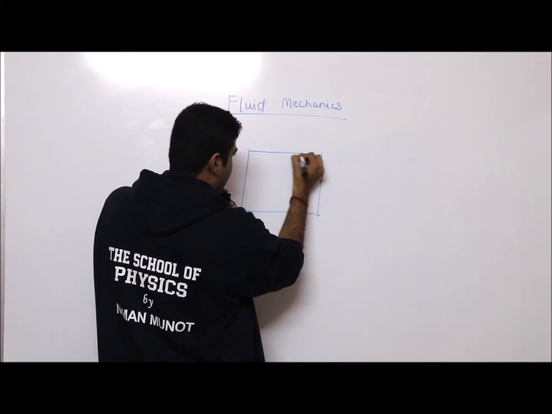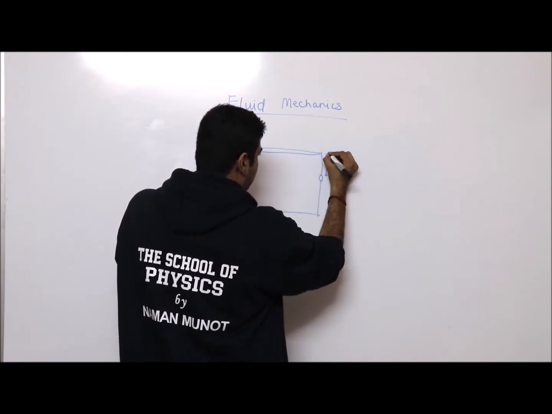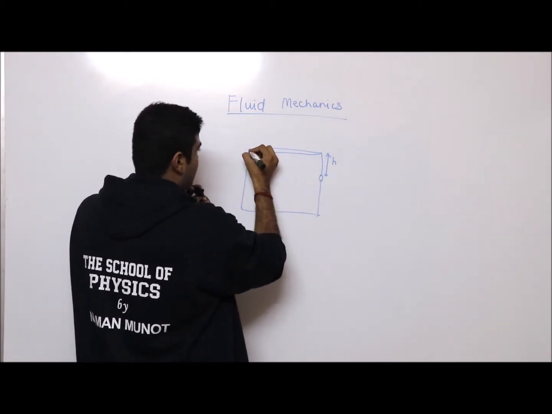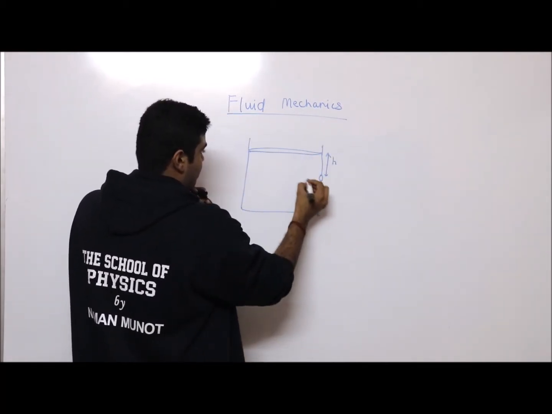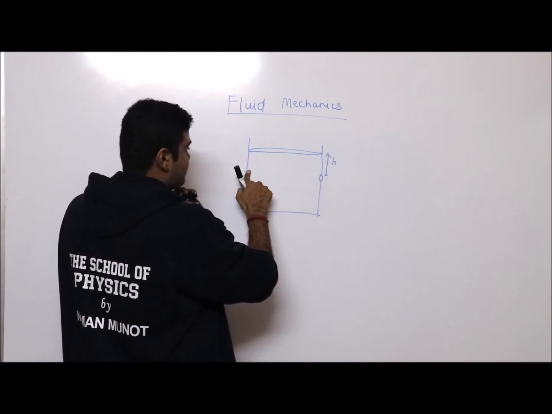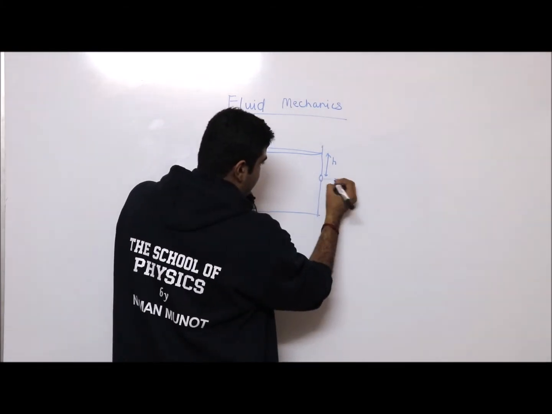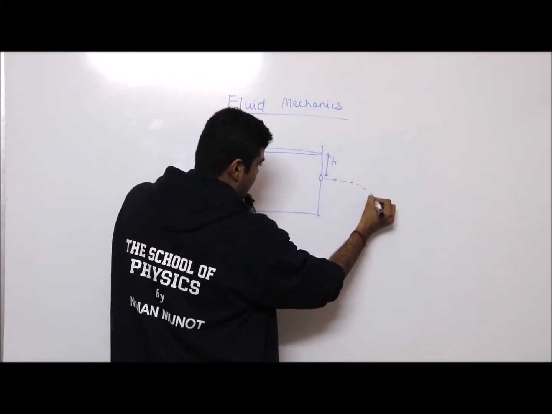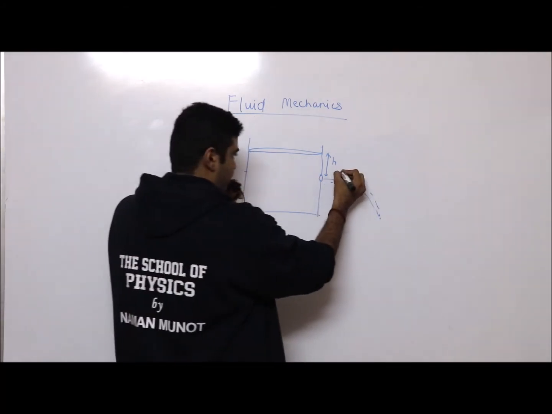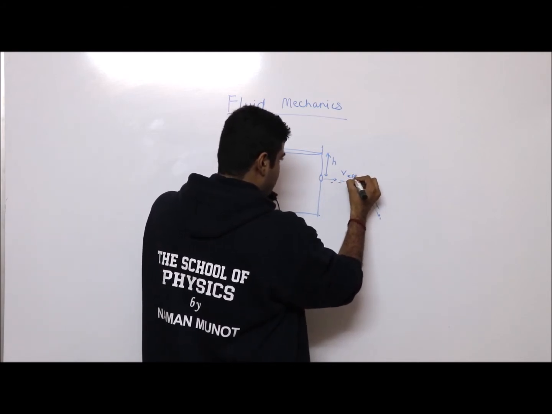The height of the liquid in the container above this point, taking this point as reference, is h. This is the velocity at which the liquid is going out. We have to find this velocity. We call this the velocity of efflux.